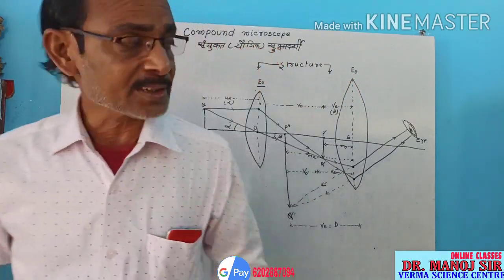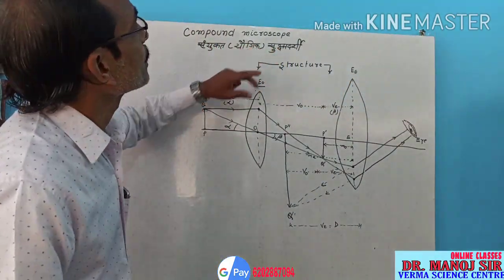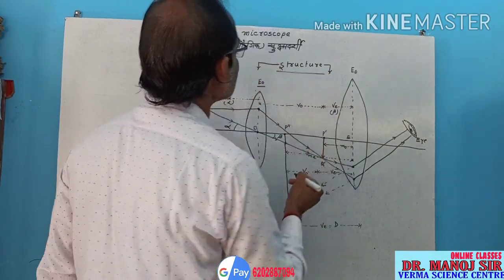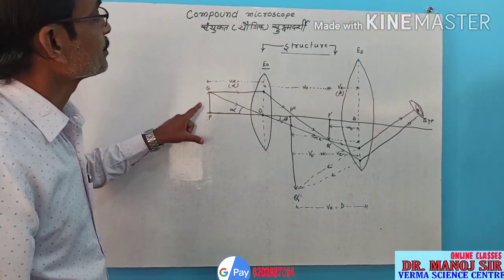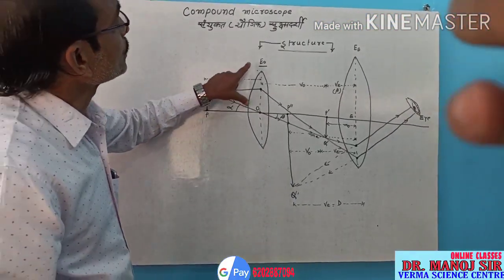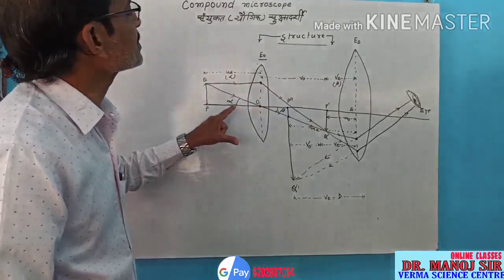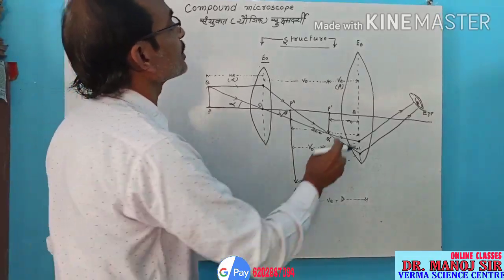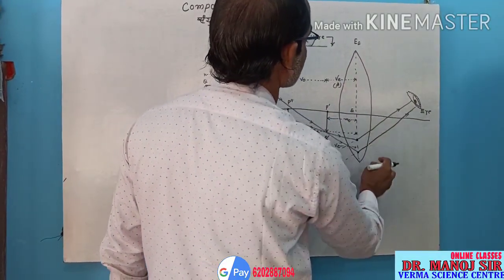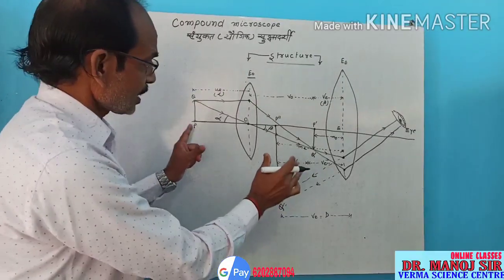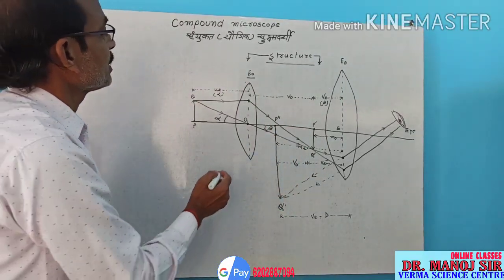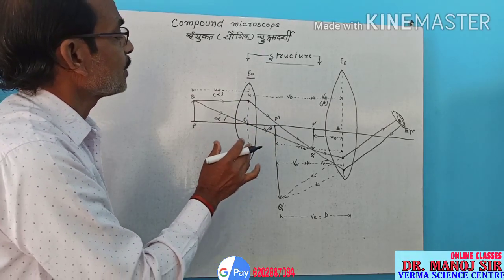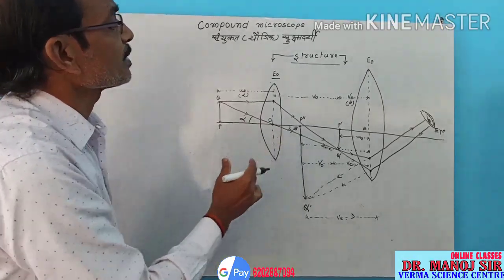A structure of the compound microscope, as you see on the board, two lens, EO, that is objective piece, and EE, that is eyepiece. Both are on the axis. They are adjusted on axial axis.